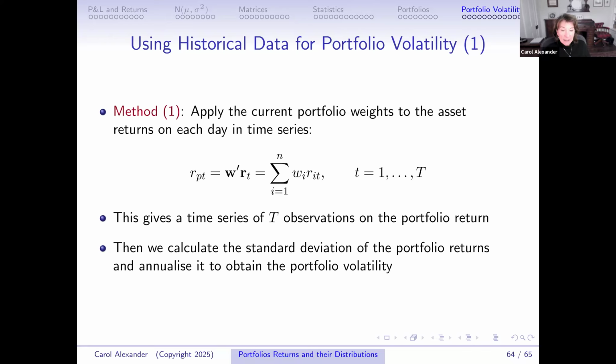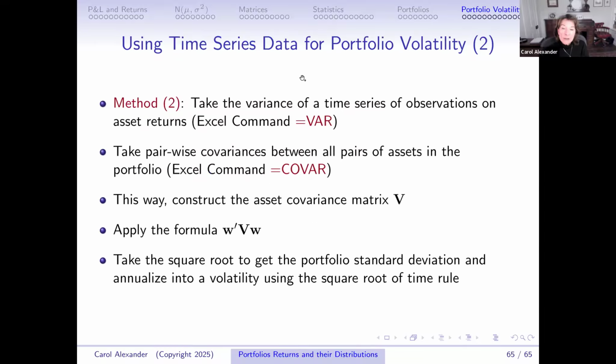And then we just apply standard deviation and average and so forth to get the portfolio volatility and mean. Or we could use the pairwise covariance between all pairs of assets in the portfolio and construct this covariance matrix and apply the formula. That's what we're going to do in this spreadsheet.